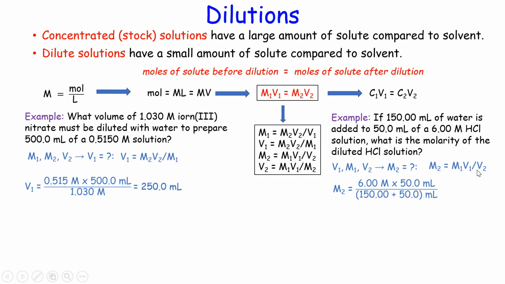What is V2? V2 is not just 150 milliliters. It is the sum of 150 and 50 milliliters. So make sure you don't make any mistake here. Then we have 1.5 molar. That's the answer for the second example here.